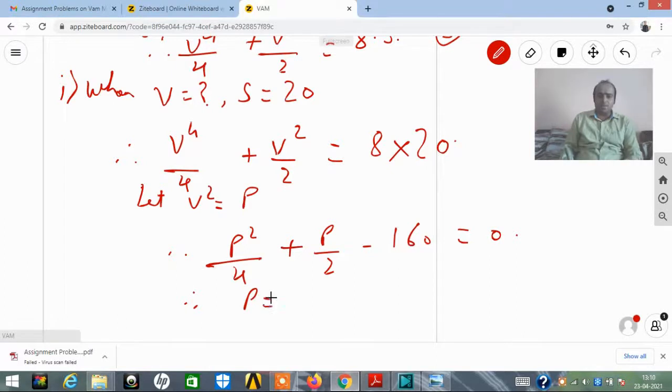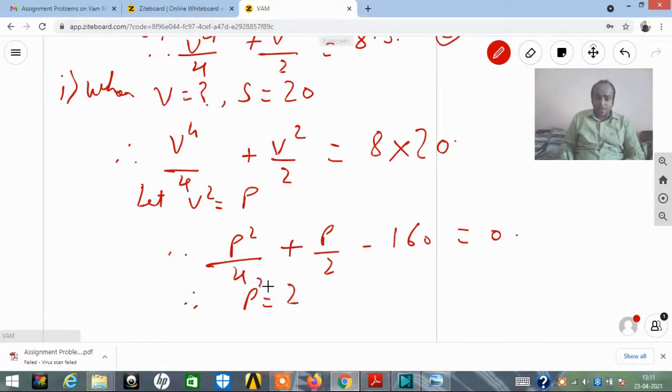Therefore p is equal to, I need to solve the quadratic equation now, and it gives 24.317.